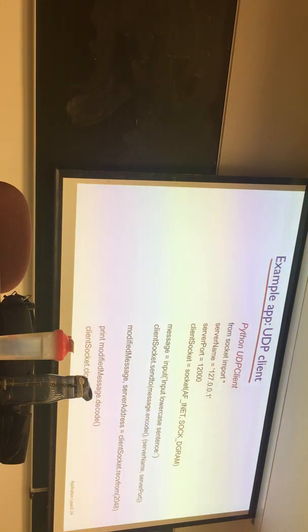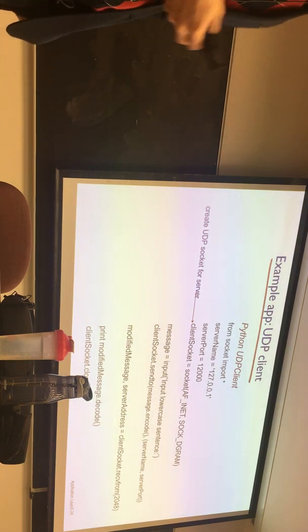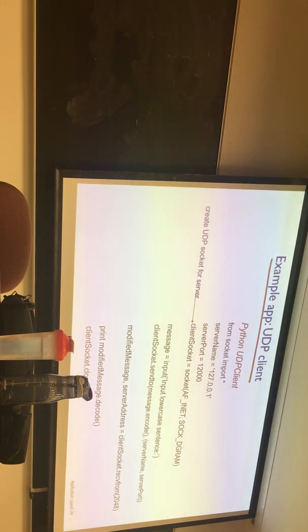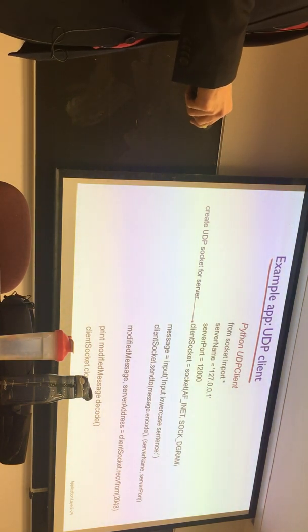First, you have to import this library called socket. This is Python. If you use Java or C, they all have their own version of this socket programming library. Then in the next line, we'll create this UDP socket. First, you probably need to get familiar with Python. Here, we're just creating two variables.